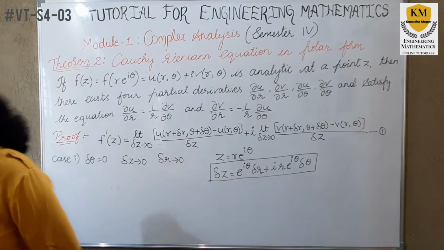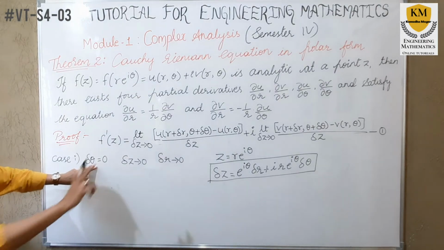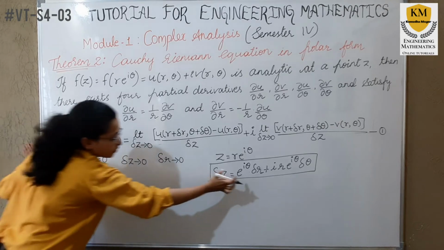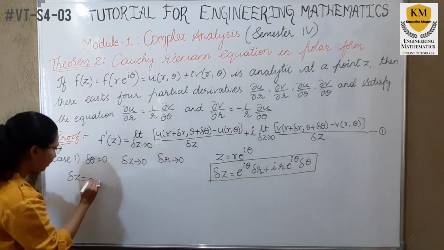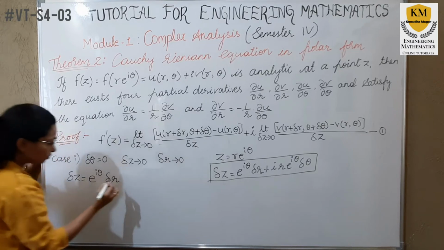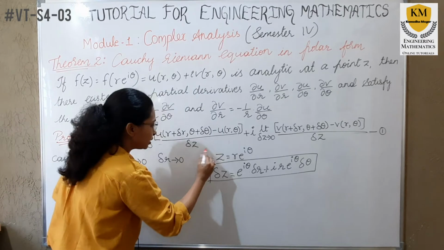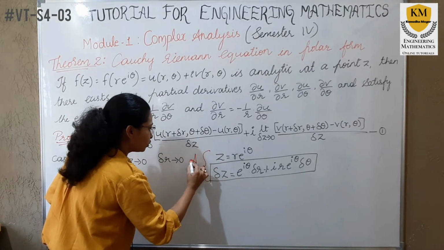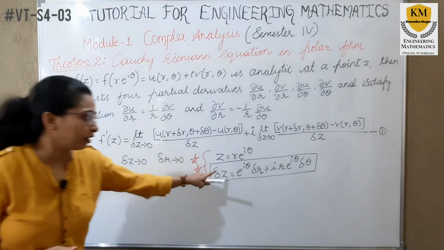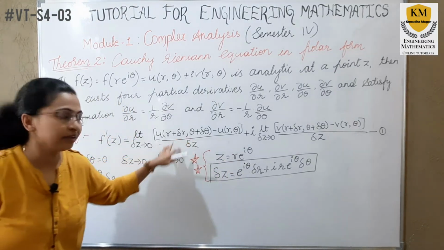Now when it comes to del r and del theta, this equation plays a major role. From this equation, I can say that when we consider del theta as 0, del z will become only this part, that is e to the power i theta into del r. Dear all students, you must understand that this also plays a major role. That is why I mentioned it at the start: if you forget to derive this, you will get stuck in this step.